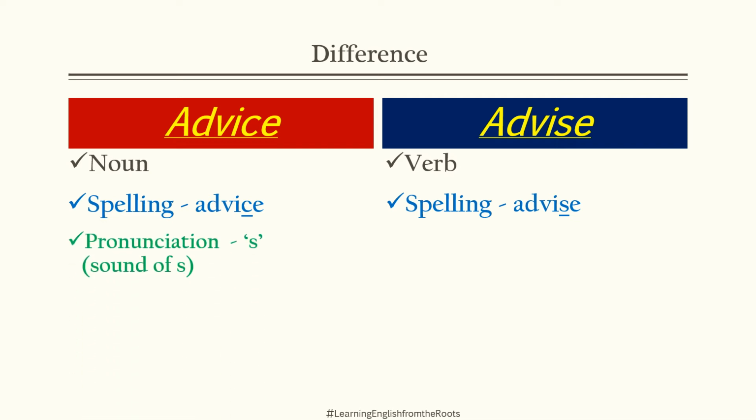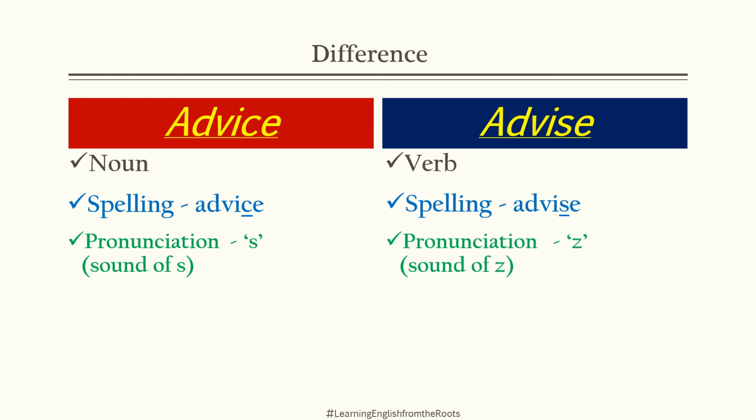The third difference is in their pronunciation. Listen carefully. The first one, ADVICE. When we pronounce this word, there is a sound in the end which is different from the other one. What is that sound? Listen to it carefully. ADVICE is advice, the S sound is there.